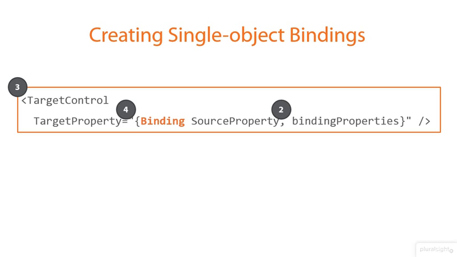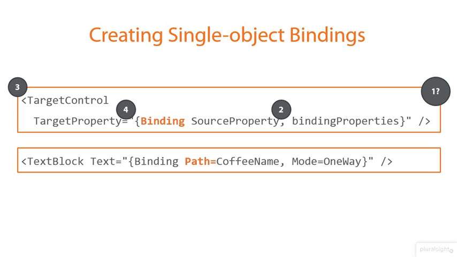So we have here number 2, number 3, number 4, but we are missing number 1, the source of the binding. We'll come to this one in just a second. First, let's see some applied samples of data binding statements. In this line of code here, we have a TextBlock, and its Text property is being data bound.